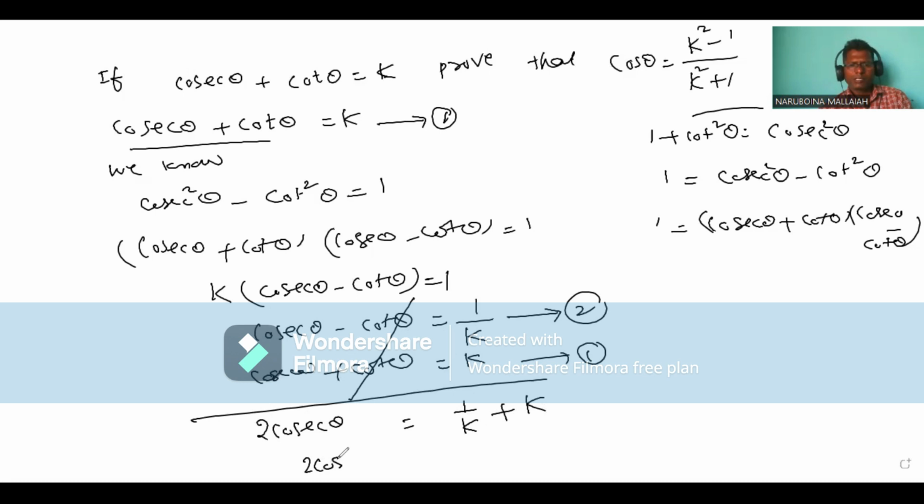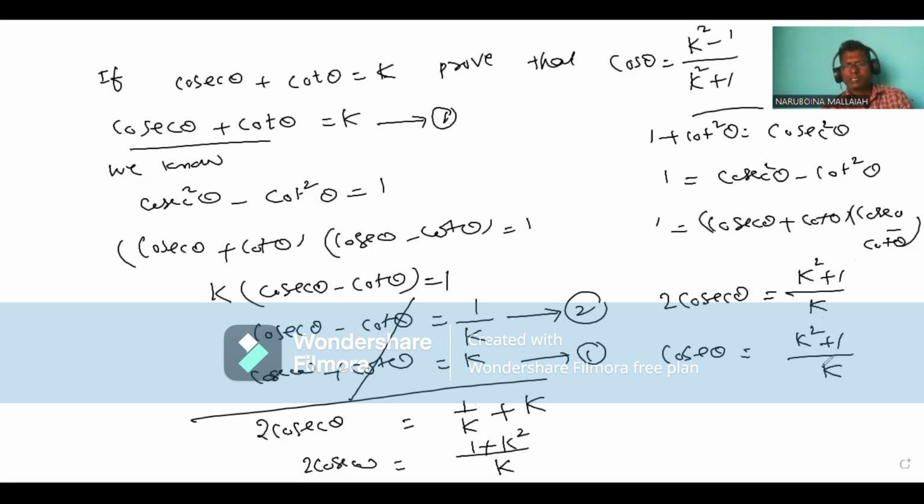Now 2 cosecant theta is equal to, LCM is k, so k square plus 1 by k. Just I write in inverse order. Now cosecant theta is equal to k square plus 1 by k, and I am sending this 2 to the denominator, so it will be 2k. So cosecant theta is equal to k square plus 1 by 2k.